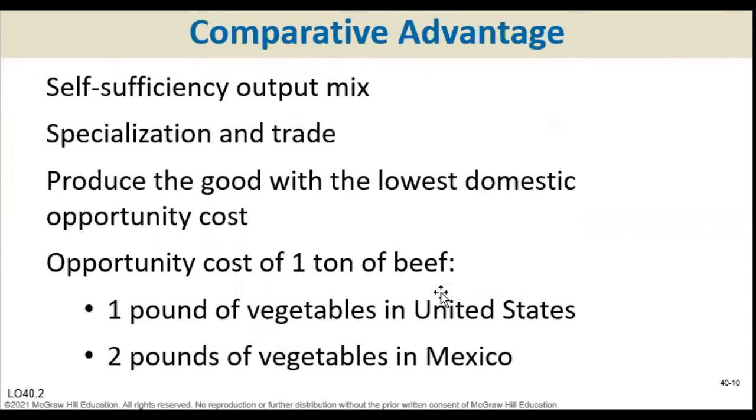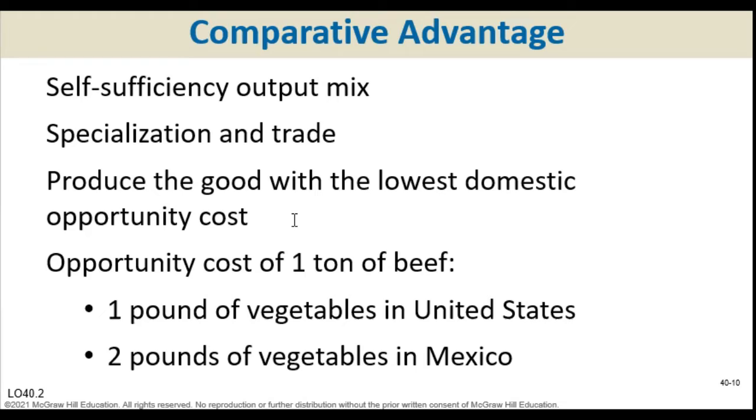Comparative advantage. If each country is isolated and self-sufficient, each must decide what mix of vegetable and beef it desires to produce, keeping in mind that to produce more of a particular good, you have to produce less of the other good.